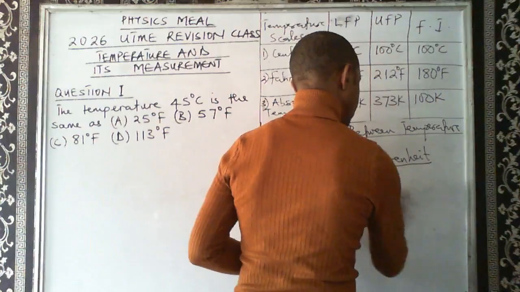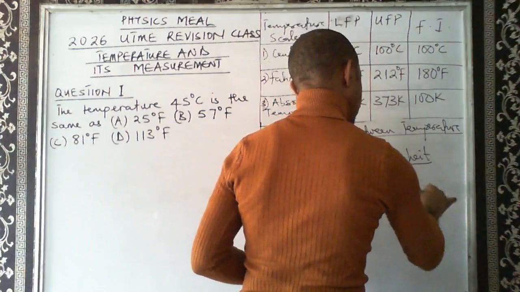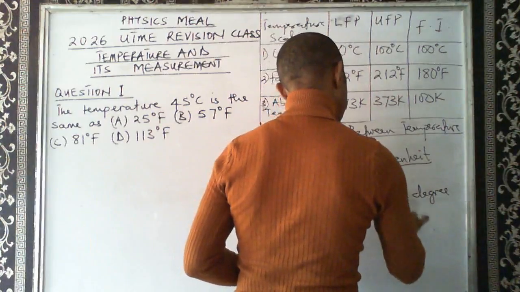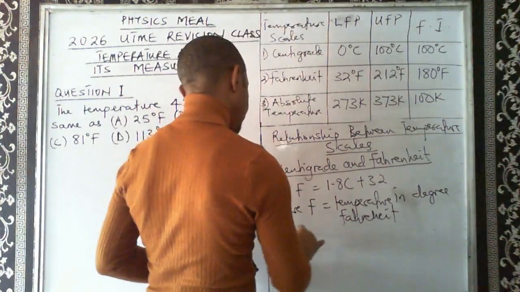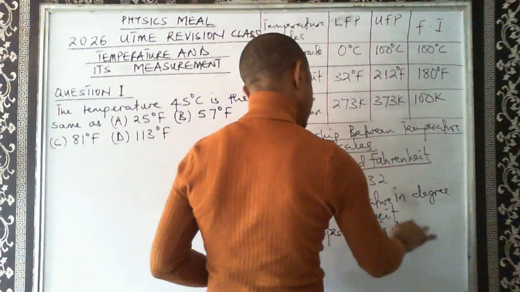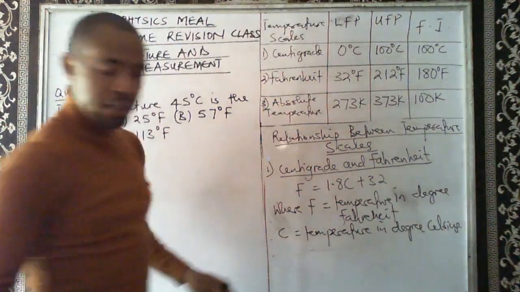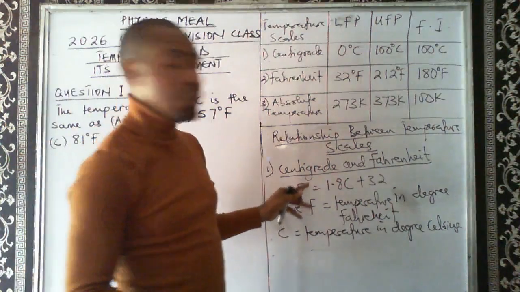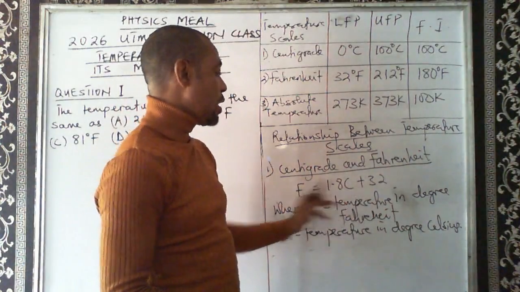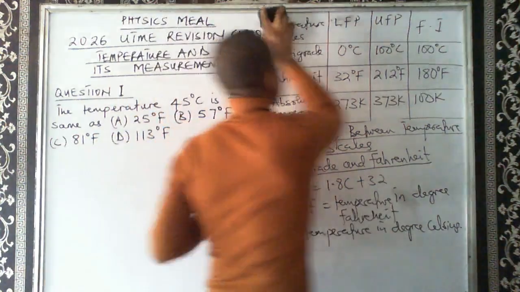So it means that if I know F, temperature in Fahrenheit, I can just put it here and solve for C. And if I'm given C to find F, I'll just substitute it here, and then I can get my F.